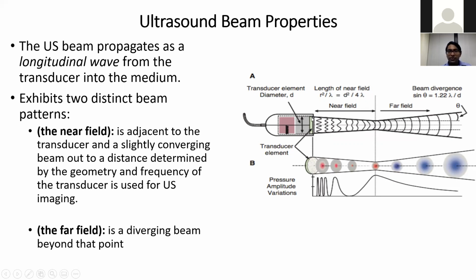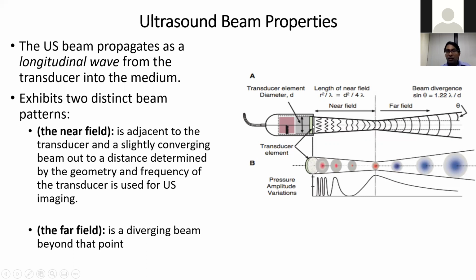Similarly, in ultrasound, I want to quickly define the axes. We define this as the axial or the z-axis. We define this axis as the lateral or the x-axis, and the in and out of plane axis is defined as the elevational or the y-axis.